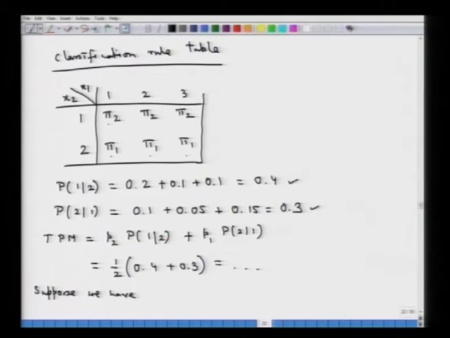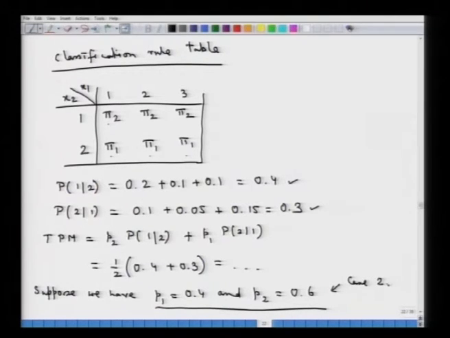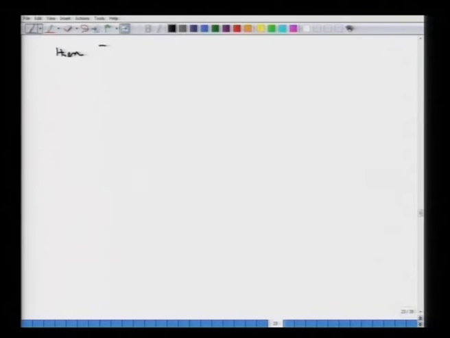Say P1 is 0.4 and P2 is 0.6. These a priori probabilities correspond to case 2. Now, if we have this particular case, then the TPM minimizing rule would be given by the following.